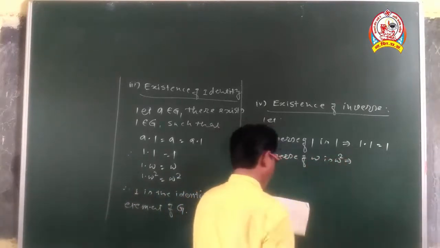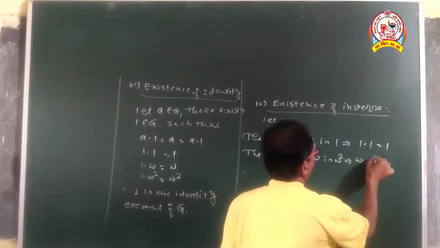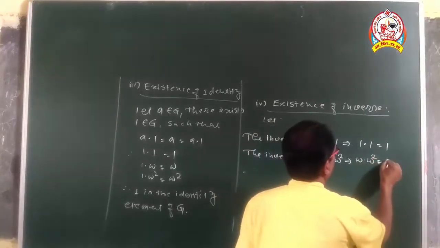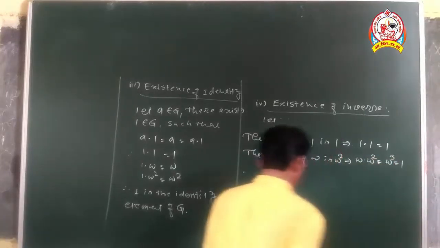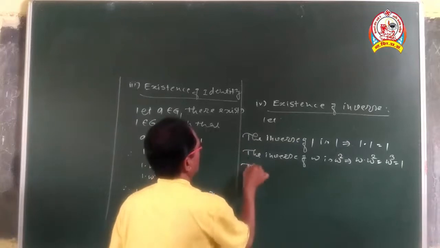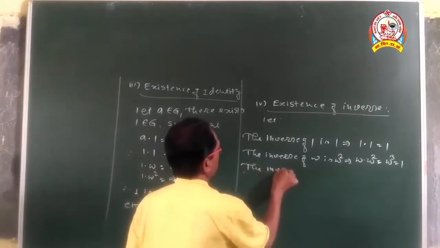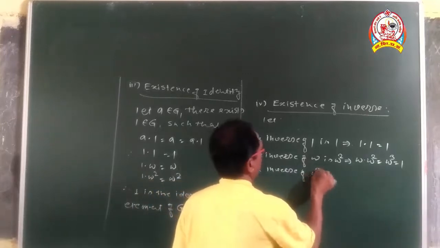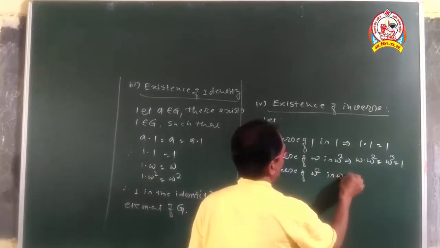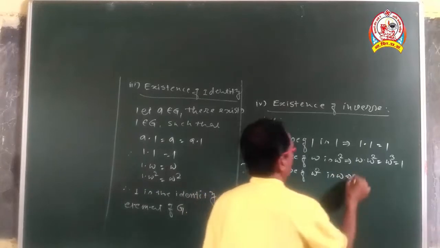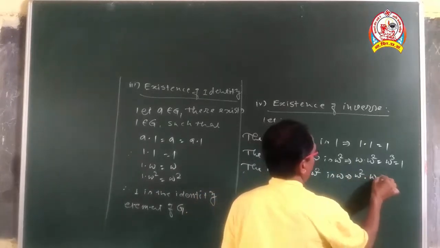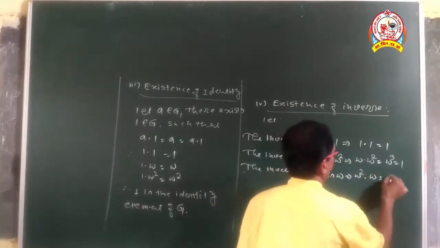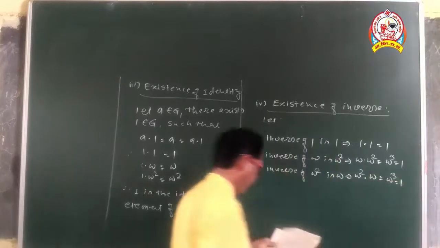This implies that omega into omega square is equal to omega cube is equal to 1, and the inverse of omega square is omega. This implies that omega square into omega is equal to omega cube is equal to 1.